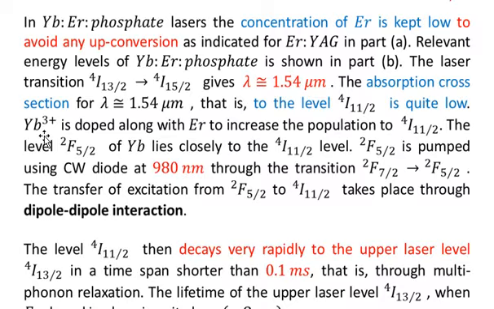Ytterbium ion, triply ionized, or ytterbium 3+, is doped along with the erbium to increase the population to 4I11/2. The level 2F5/2 of the ytterbium lies closely to the 4I11/2 level. 2F5/2 is pumped using a continuous wave diode laser at a wavelength of 980 nanometer through the transition from 2F7/2 to 2F5/2.